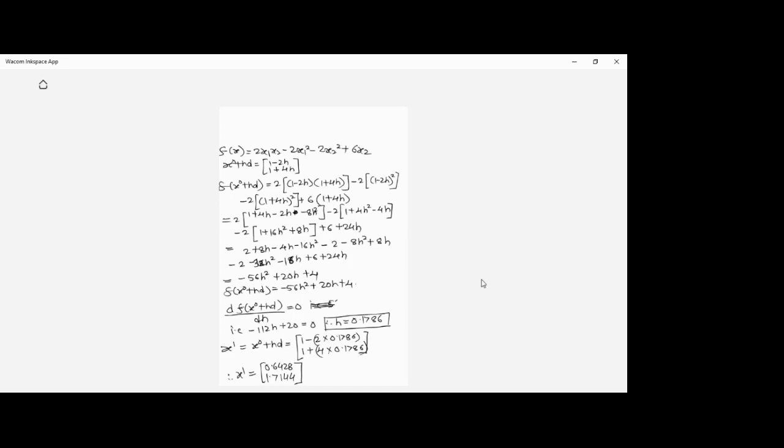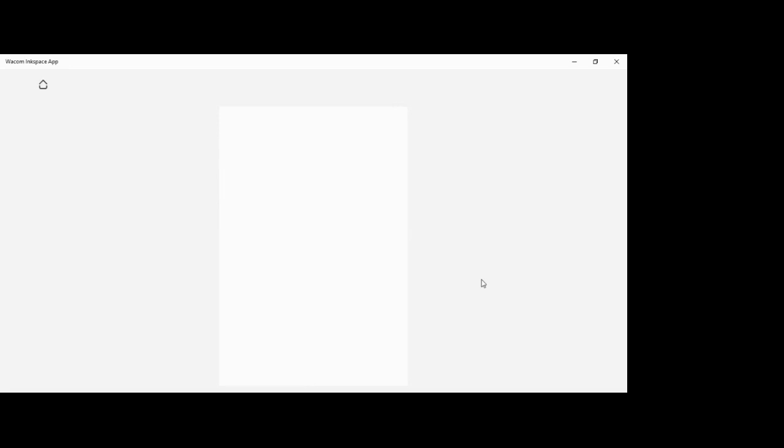So what we'll have to do is find out what is f of x dash, right? For that purpose we require f of x and x dash, right? So we already know the value of f of x. f of x is equal to 2x1 x2 minus 2x1 square minus 2x2 square plus 6x2, right? We also know that x dash is equal to 0.6428 and 1.7144.